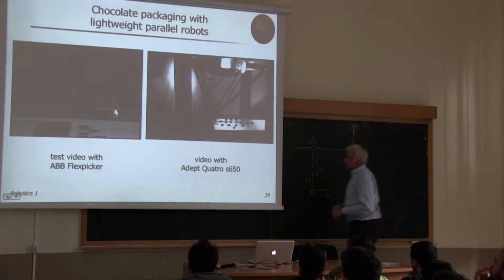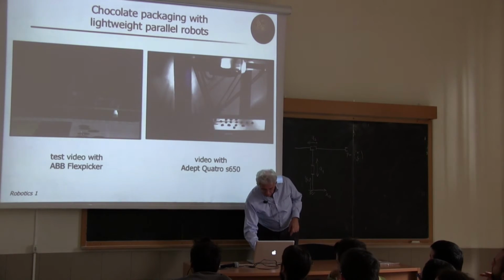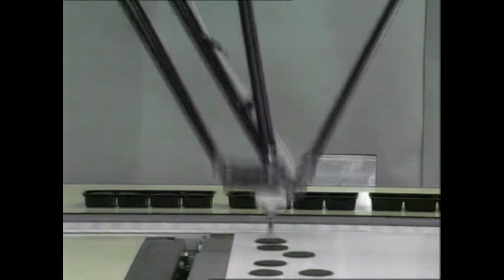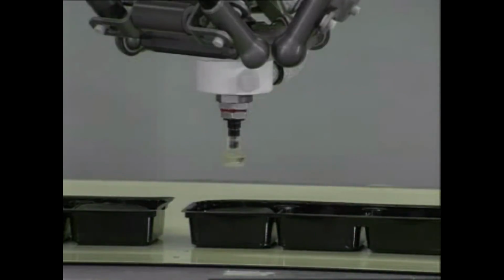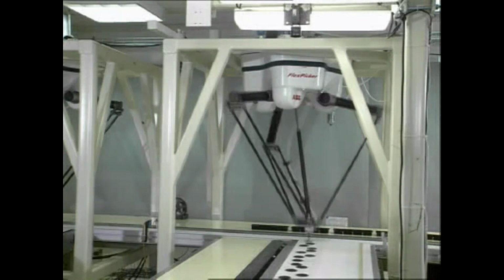So this is our first test of that robot, so I will start the video now. Can you see from the dark? Yeah, very badly, but still here you see a global view, a side view.